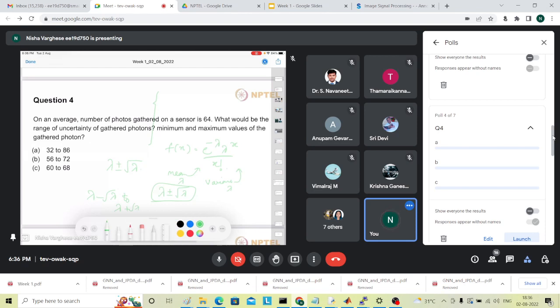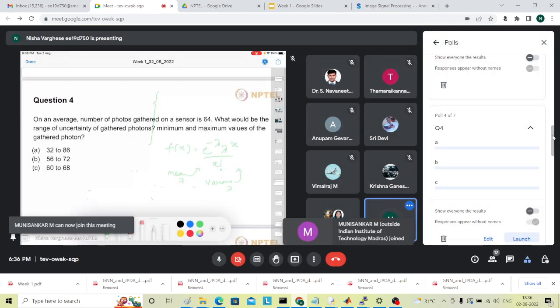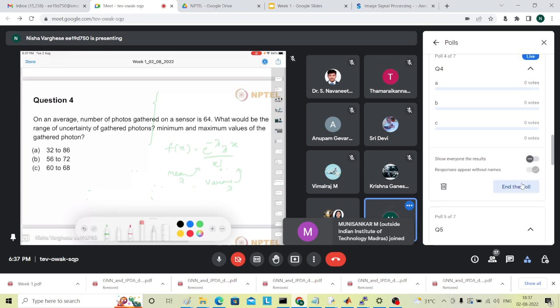So the question here is, on average, the number of photons gathered is 64. Then what would be the range of uncertainty of the gathered photons, the minimum and maximum values? Can you answer that? I launched the poll. So the average number of photons is 64. What is given?